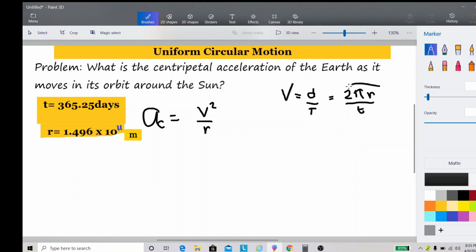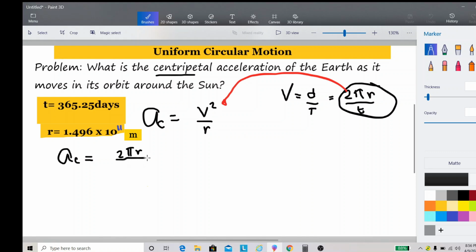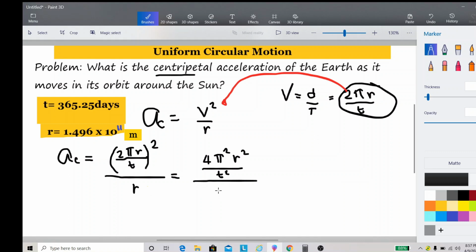So we're going to substitute this one here. The centripetal acceleration, that is the unknown, is equal to v squared, which is 2 pi r divided by t, and then we have to square that because that is v squared. We square that, and that is divided by r. So we have to square each term. So we have 4 pi squared, and then r squared over t squared all over r.